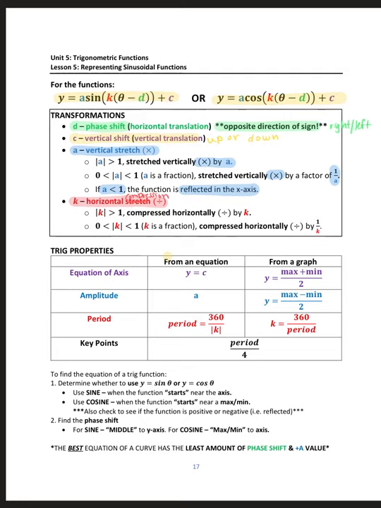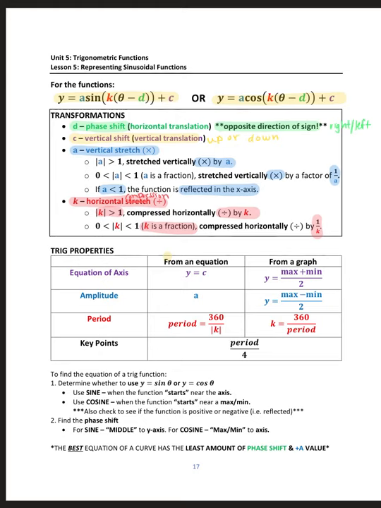So when our k value is greater than 1, our function is being compressed horizontally, or divided by k. When it's a fraction, it's still being divided, but it's being divided by 1 over k. So if k is a fraction, we're still dividing by that fraction, which is going to end up making it more of a stretch than a compression.